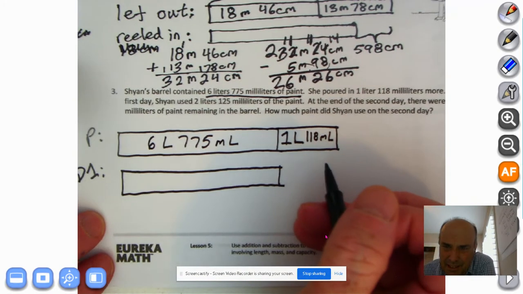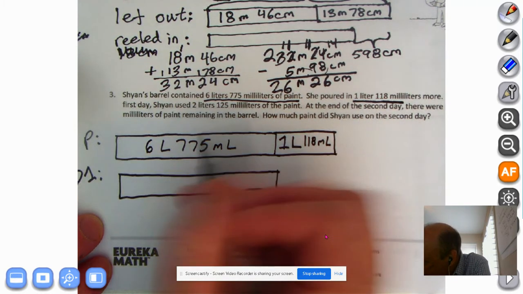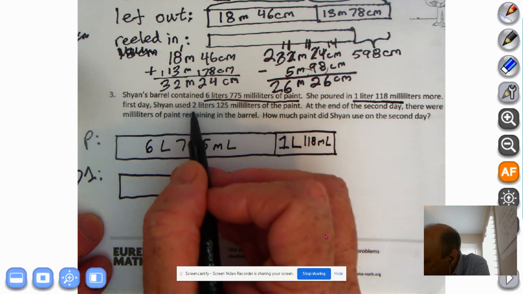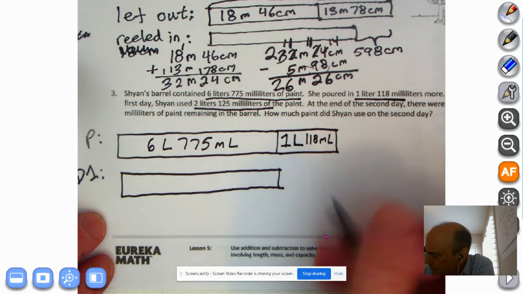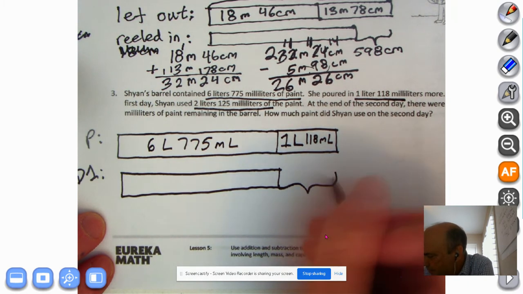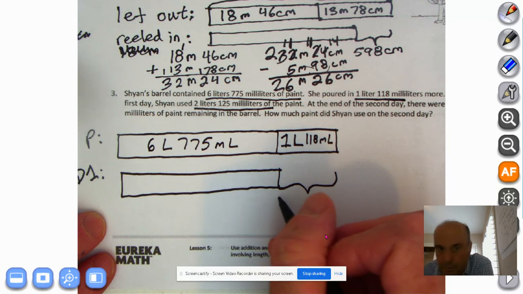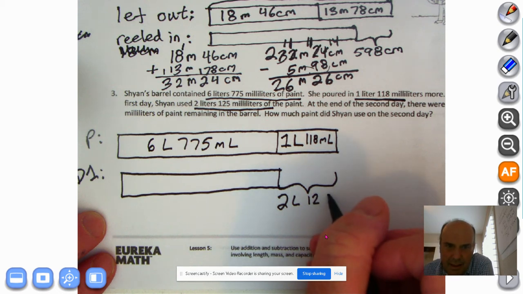Well, I didn't do a very good job with this tape diagram. It should have been over here more. What we need is 2 liters, 125 milliliters used.